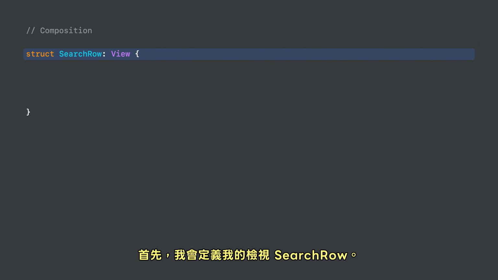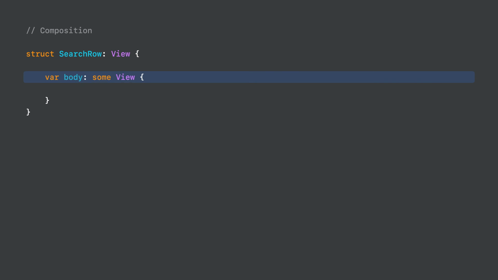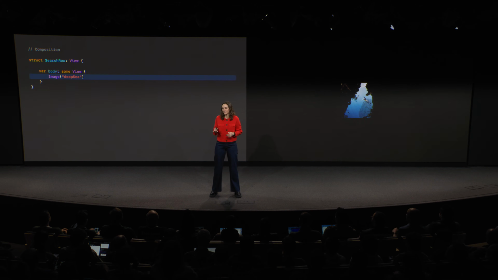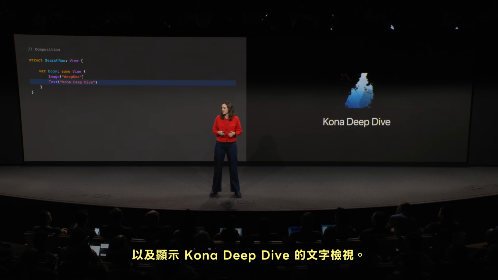First, I'll define my view, SearchRow. It's a struct, and it conforms to the View protocol. Then, I'll add the body of my view. This is something that's required for all views. And I'll add an image view of the deep sea and my text view that says Kona Deep Dive.